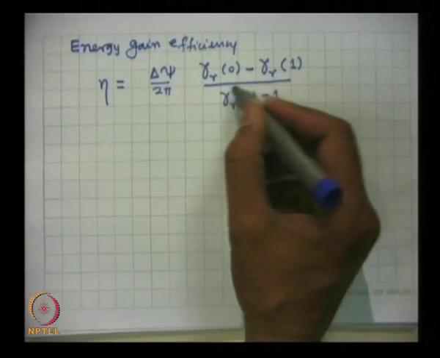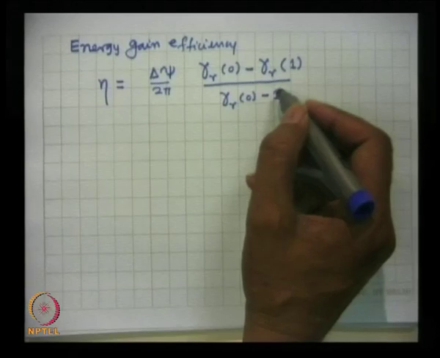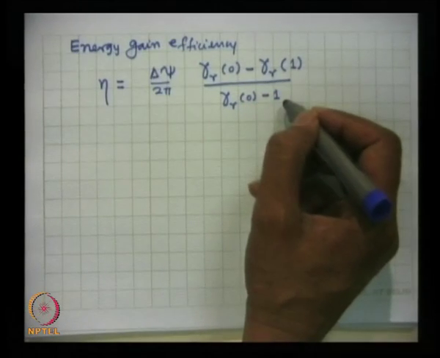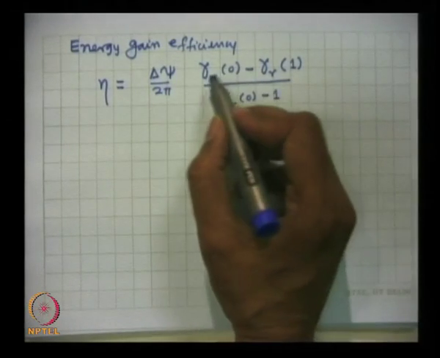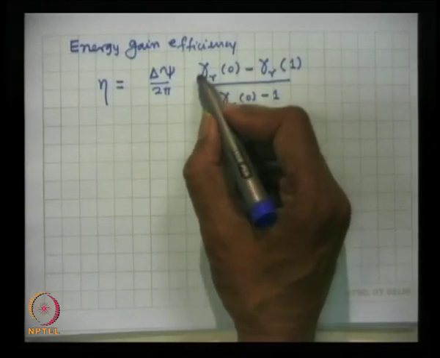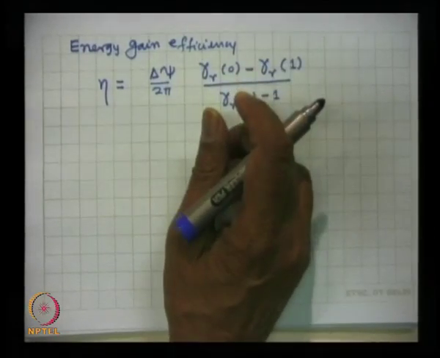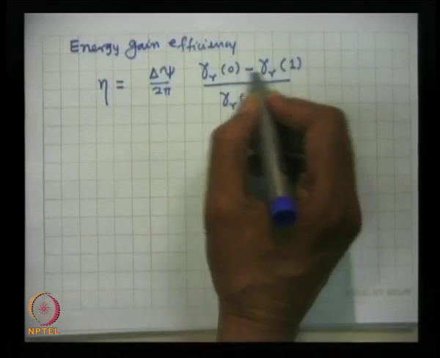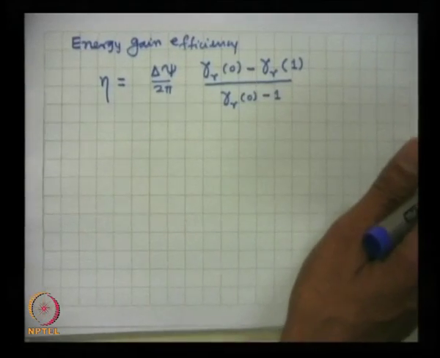If we multiply by mc square, this is the initial kinetic energy of the electron beam. If the electron beam is moving very close to the velocity Vp, this is the energy it has lost. So, this is the efficiency.